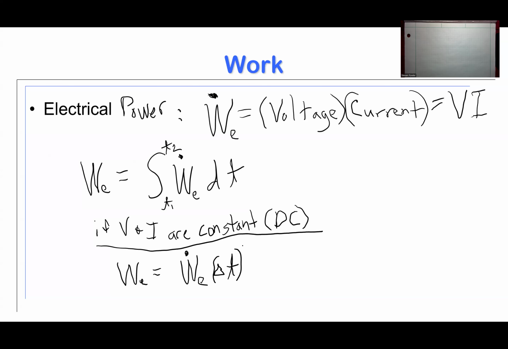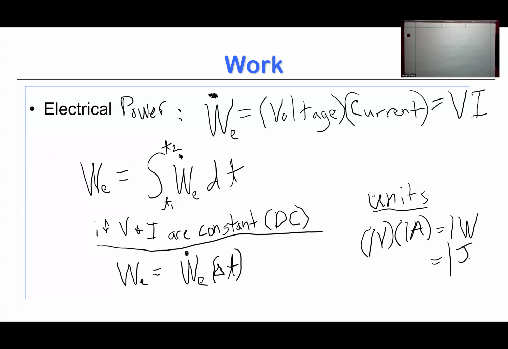I might need to find the voltage or the current. Units here: for our purposes, we can just treat 1 volt times 1 amp as 1 watt, which is, of course, 1 joule per second.